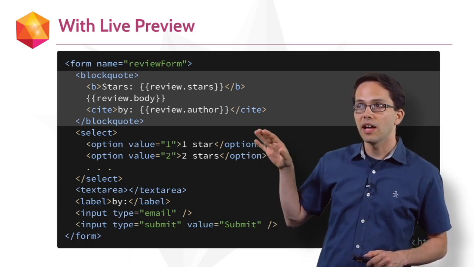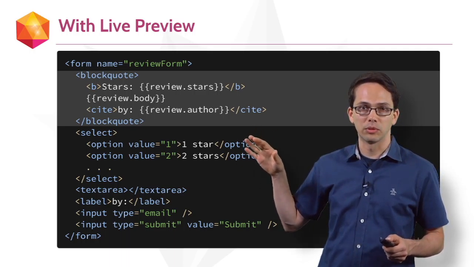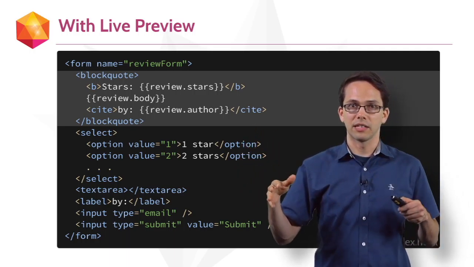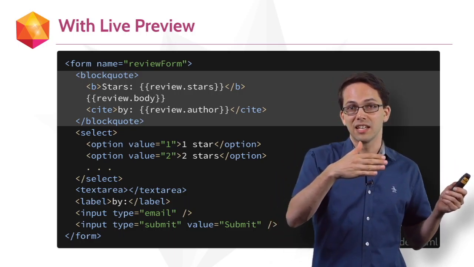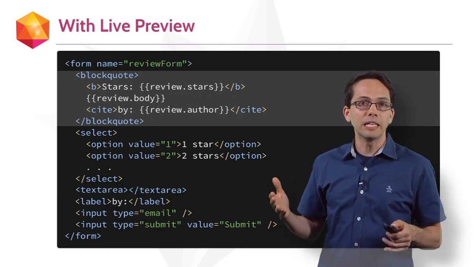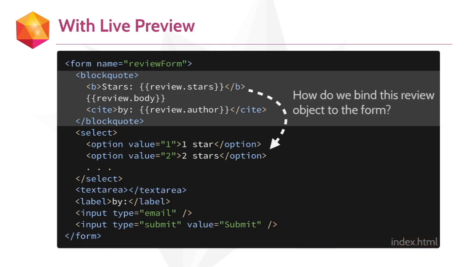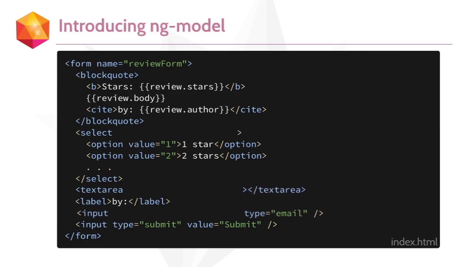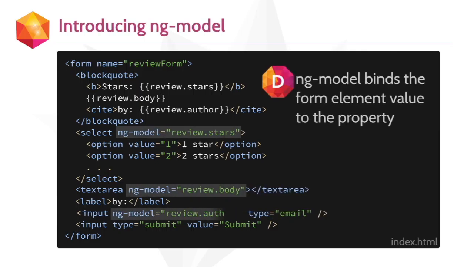Now, we haven't defined this review variable yet. Just like in the previous level, we didn't really define the tab variable. We could just start using it. But now we need a way to bind each of these to the proper form element. We do this using the ng-model directive.